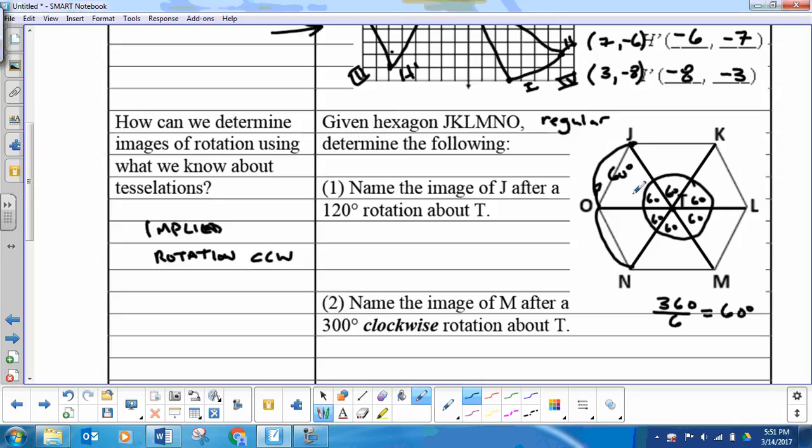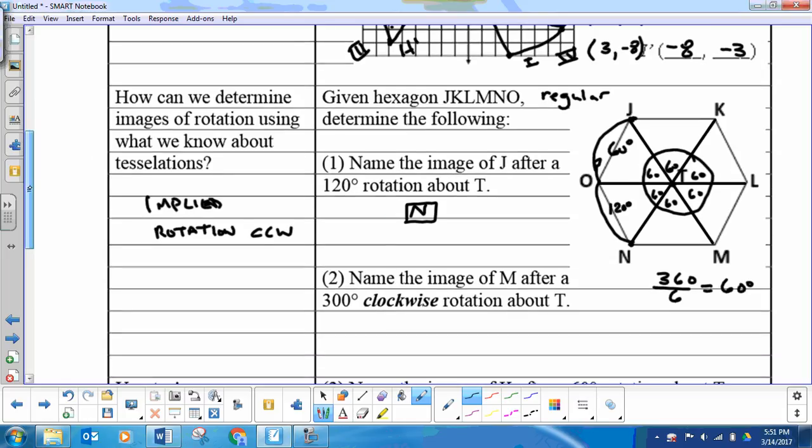It turns into 120 by the time I've gone 2 spots. And what that tells me is that the image I have created is at N. Point N is the image of J after a 120-degree rotation, because again, I'm using this angle as my tool to determine just how far I'm going.